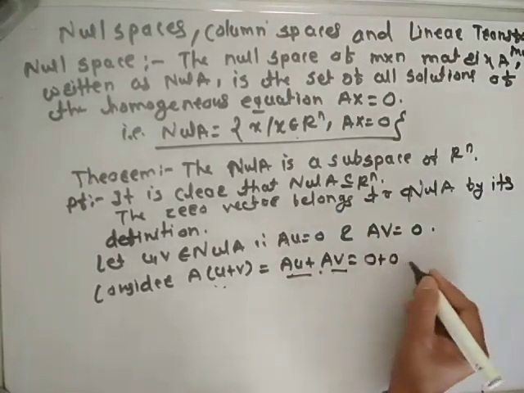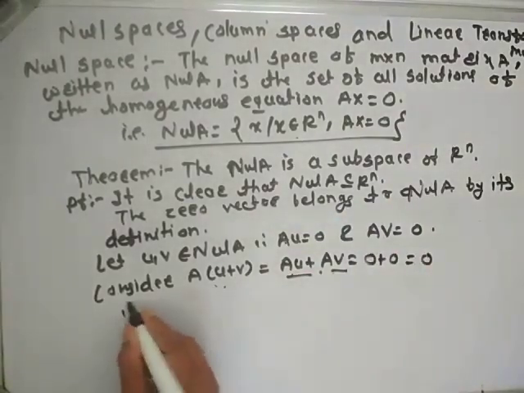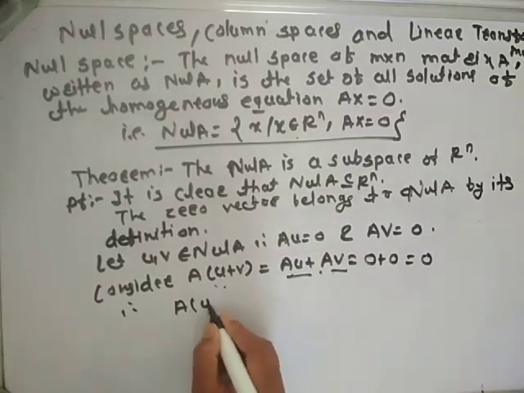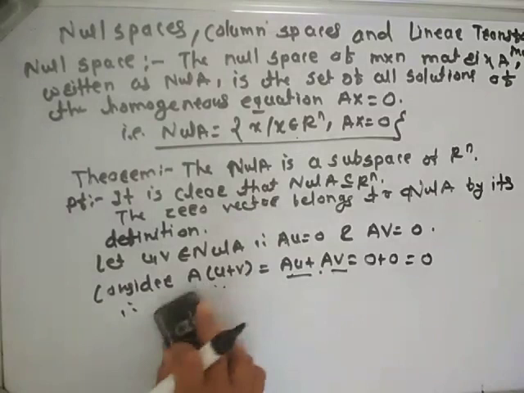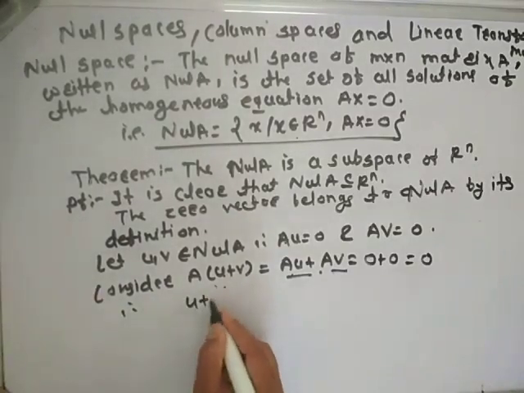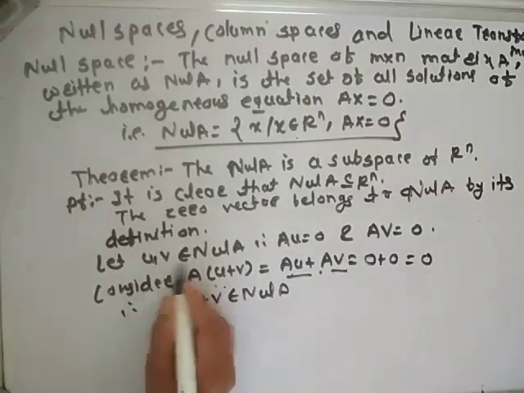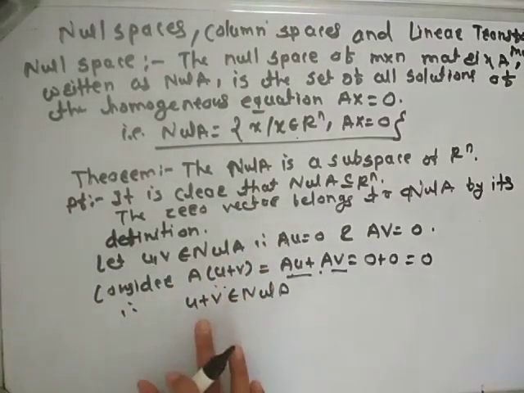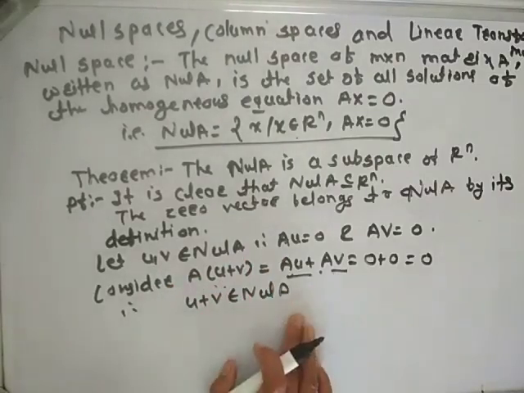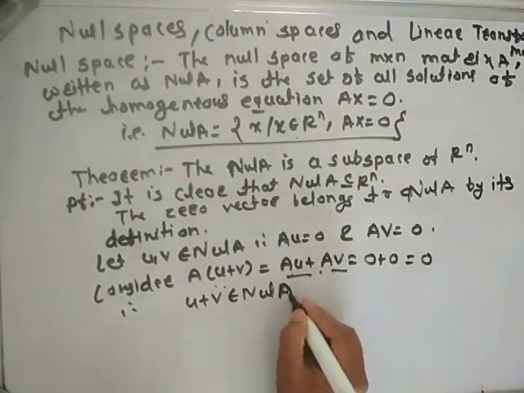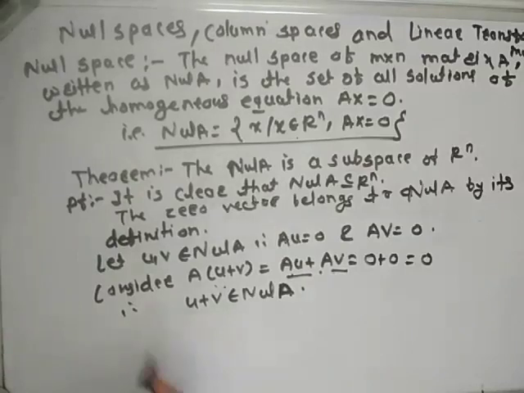So this is 0 plus 0 is equal to 0. Therefore u plus v belongs to null space of A. Here we have taken u, v belonging to null space of A. We have shown that u plus v belongs to null space of A. The second property of subspace is satisfied.